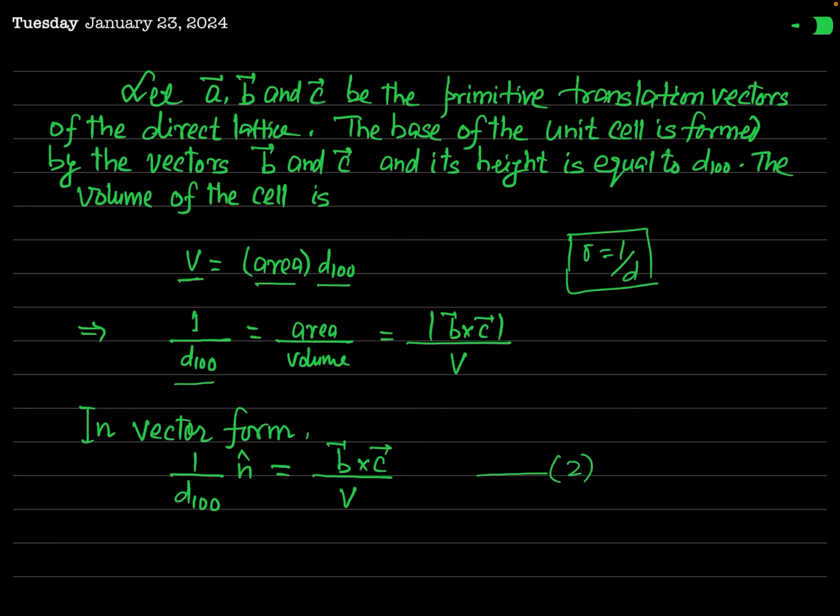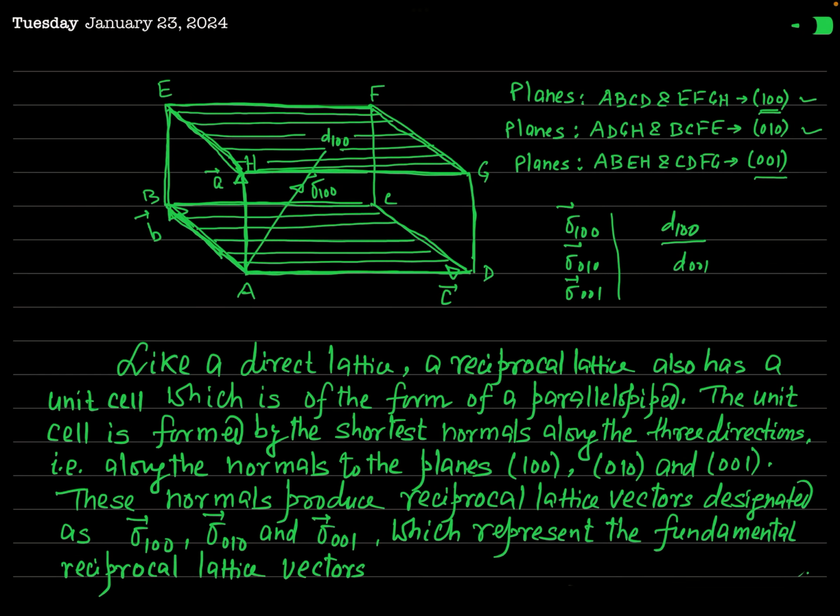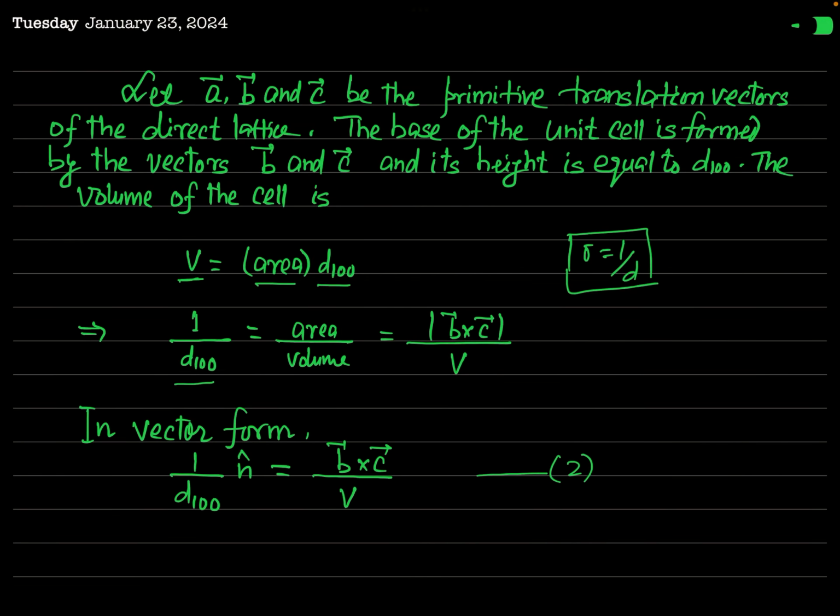But you know, from the geometrical meaning of the vector product of two vectors, since this plane is designated by the vectors B and C, the modulus of B cross C represents its area. Okay, and volume is V. And in vector form, you can write this equation as 1 over D 1, 0, 0 n hat will be equal to B cross C over V.